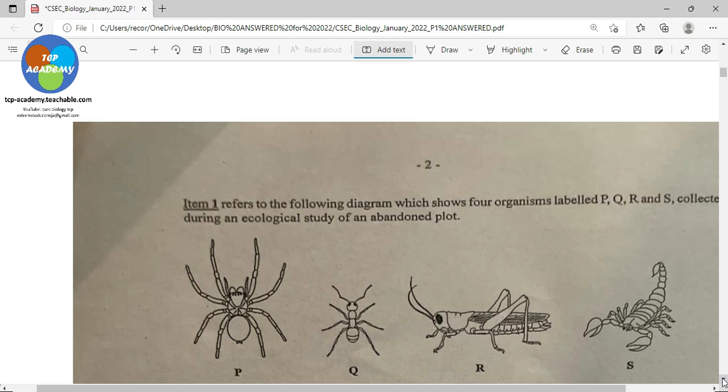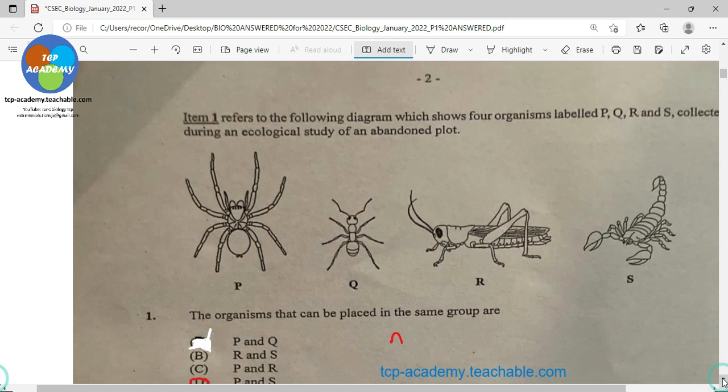So the first question we want to look at is, of course, question number 1, and I'll explain. Item number 1 refers to the following diagram, which shows 4 organisms labeled P, Q, R, and S collected during an ecological study of an abandoned plot.